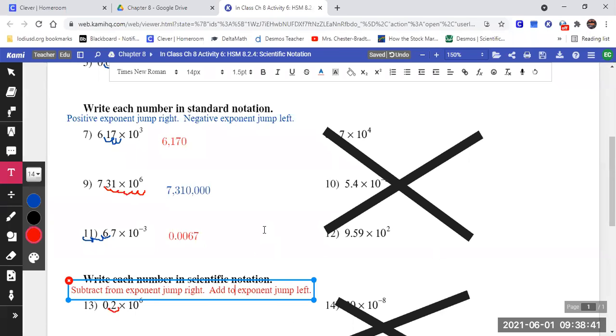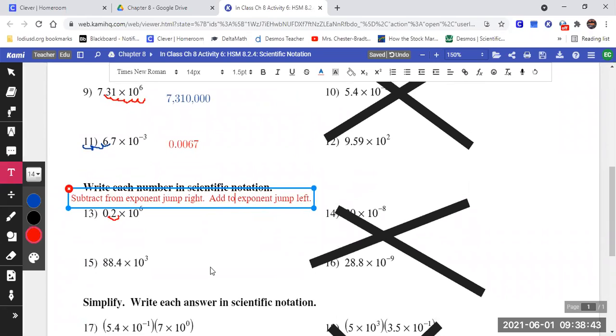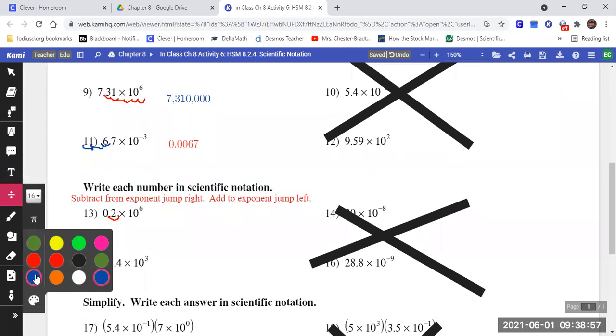And it is the same number of jumps. So if you jump 2 times, you add 2 to the exponent. If you jump 7 times, you add 7 to the exponent. So I jumped 1 to the right, so I have to subtract 1 from my exponent. It got written incorrectly. They got too crazy, did too many jumps.